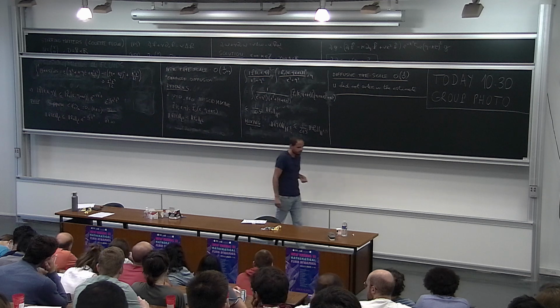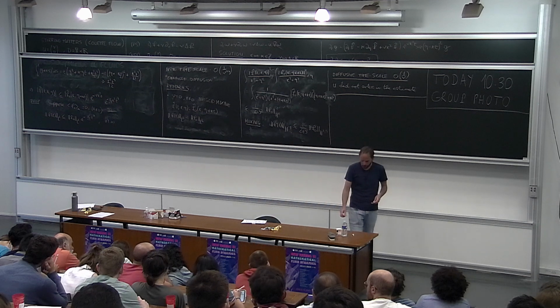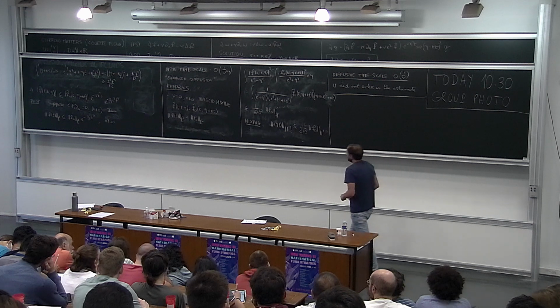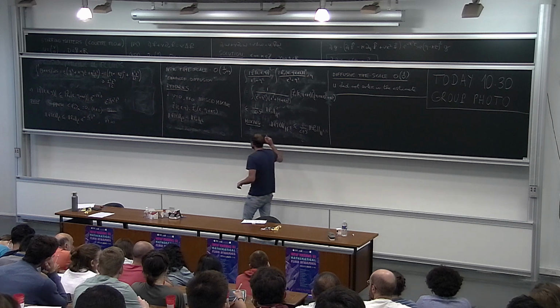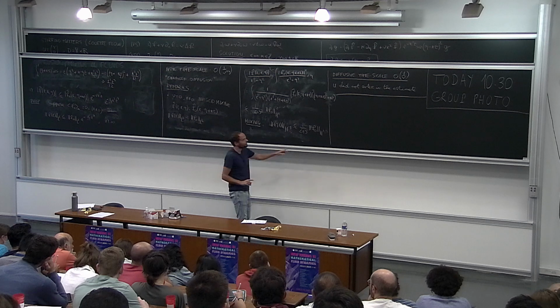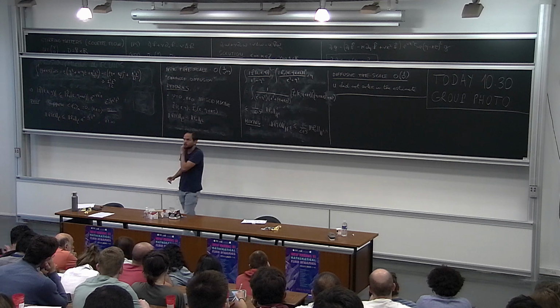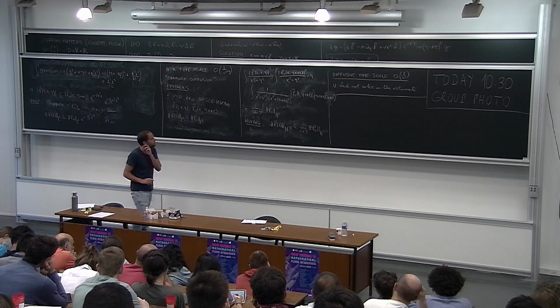But mathematically here, at least, it doesn't really matter. Any s norm is okay. But the point is that you have to pay derivatives to get decay. So you will not just get decay for free.